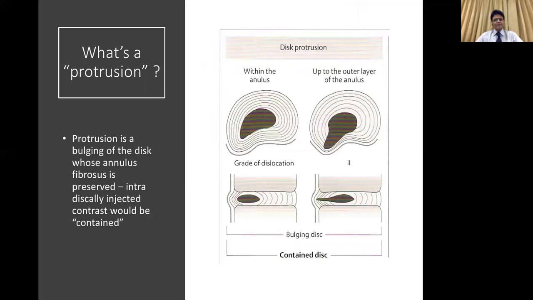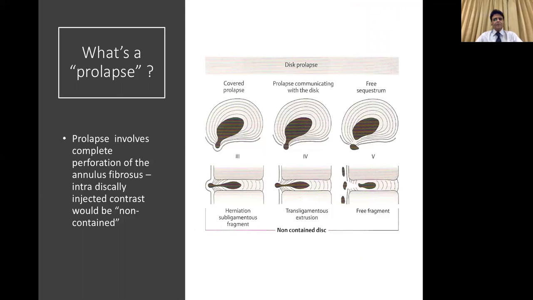Broadly, let's look at contained and non-contained discs. A contained disc or a protrusion is a bulging of the disc whose annulus fibrosus is preserved. Intradiscally injected contrast, if ever given, would remain contained, hence the name. What's then a prolapse?